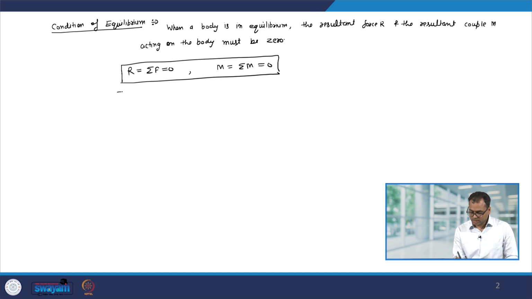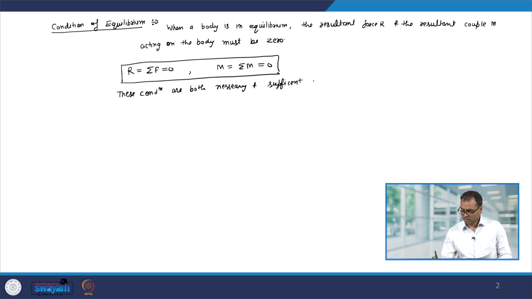Okay. These conditions are both necessary and sufficient for equilibrium. Now, suppose I have a particle. For a particle there is no concept of rotation.